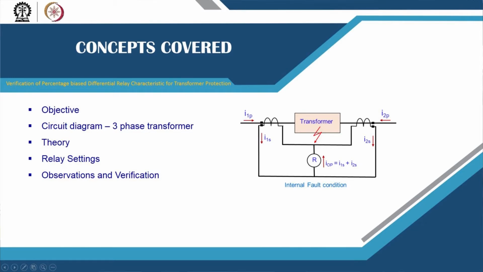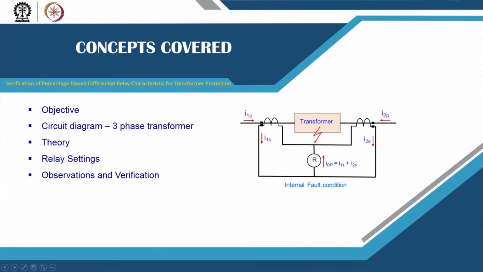Now, to clarify the operating current and the restraining current perspective, as we have already discussed in our lectures, if this is the transformer, then we have a CT group on one side and a CT group on the other side. So, we can consider this side as the high voltage side and this side as the low voltage side.